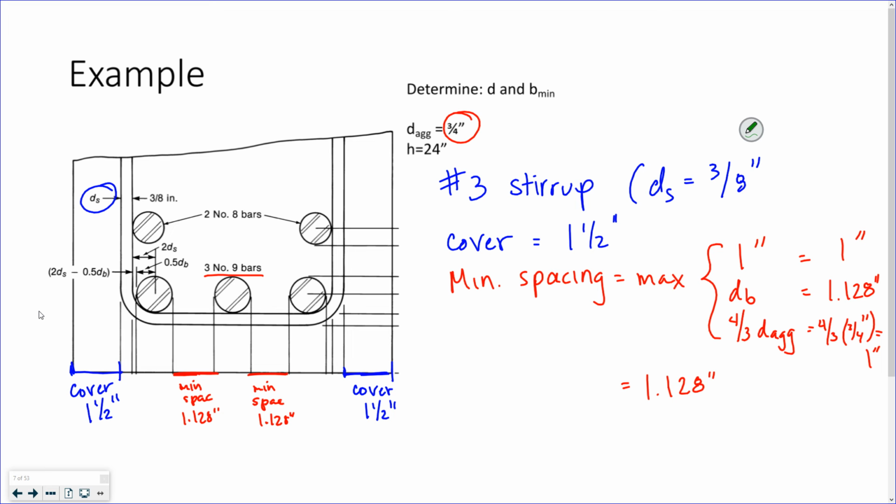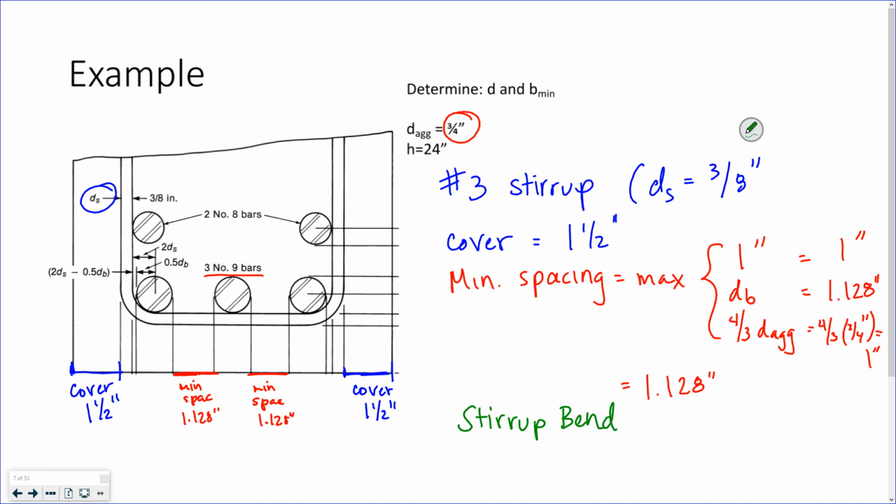What I'm going to do is look up what that bend geometry and dimensions look like. This is something that you're going to have to do over and over again. Draw it out, think about it.